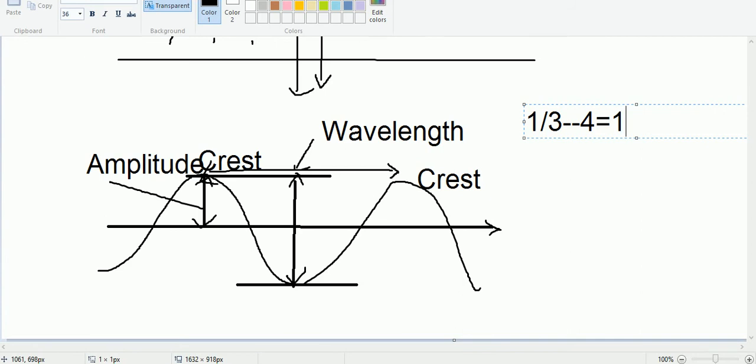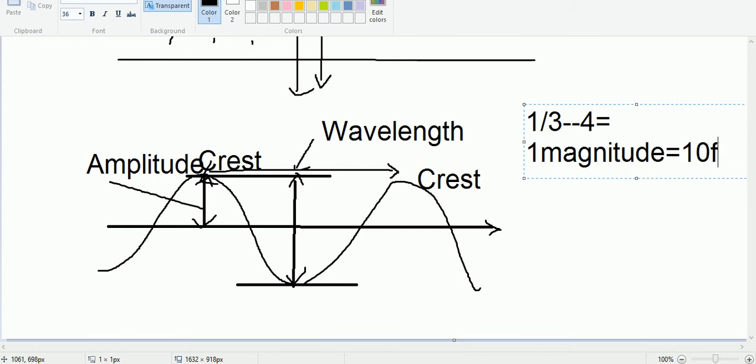So in case of the Richter scale, an increase of 1 magnitude corresponds to an increase of 10 folds in the wave amplitude.